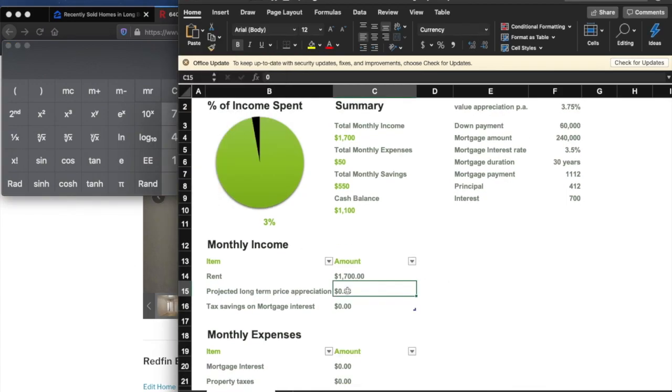Well, you can't count on it, but I'm projecting $938 per month. Again, this number is not reliable in the short run at all, but if you keep the property long enough, it will eventually be true, and it will eventually exceed it comfortably. So if you keep the property for 20 years plus or so, you would definitely get a much, much higher number than this $938 per month.